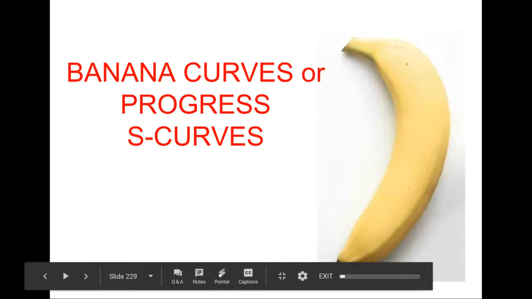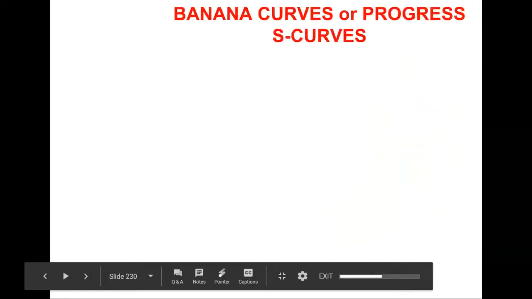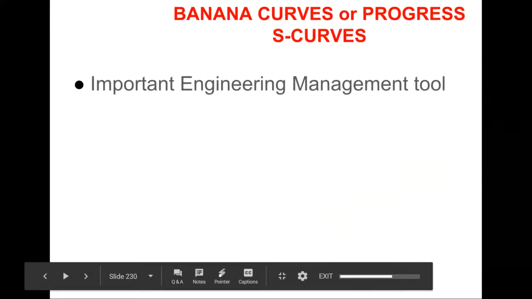These curves are known as progress S curves or banana curves as well, because the shape of these curves very often resembles that of a banana. So these are very important engineering management tools.